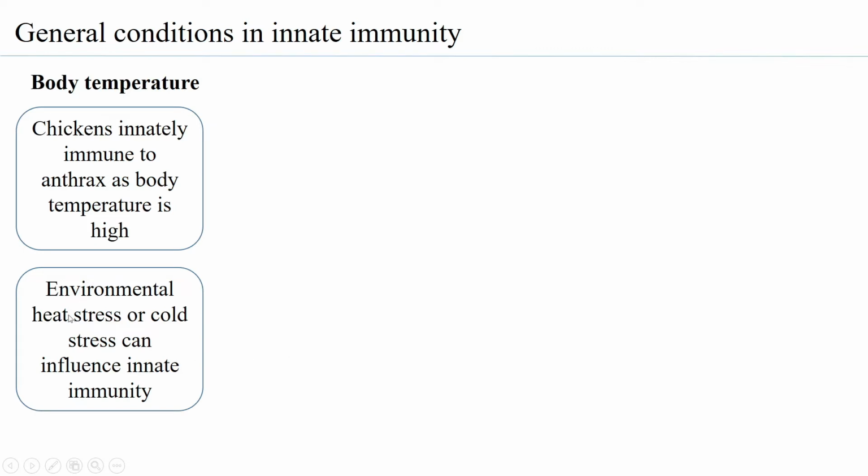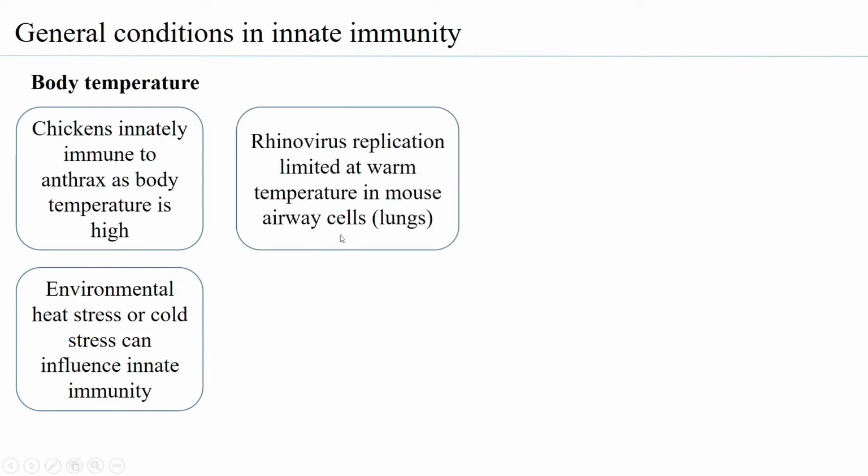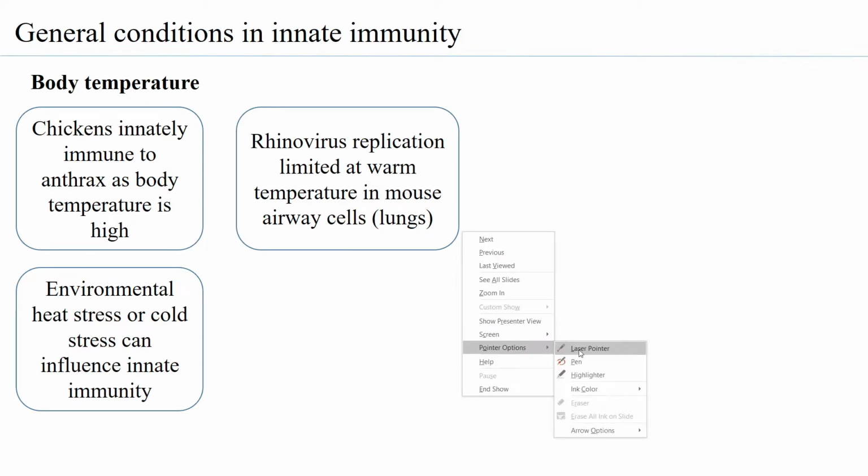For example, in very cold conditions, it is possible that the immune system is suppressed. But under other conditions, where the animal or organism has already adapted to the environment, the cold condition may not affect the innate immunity. Now, rhinovirus replication is limited at warm temperature.